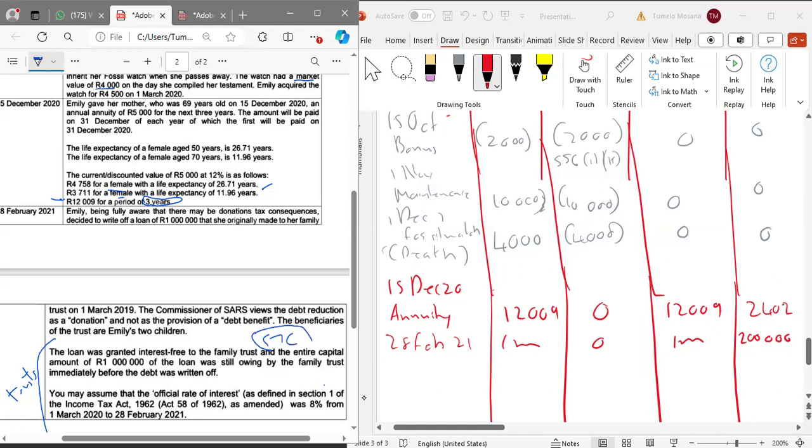Section 7C deems an interest-free loan to be a deemed donation. You are provided that the official interest rate is 8%. So now you are going to take this 1 million and multiply by 8%.